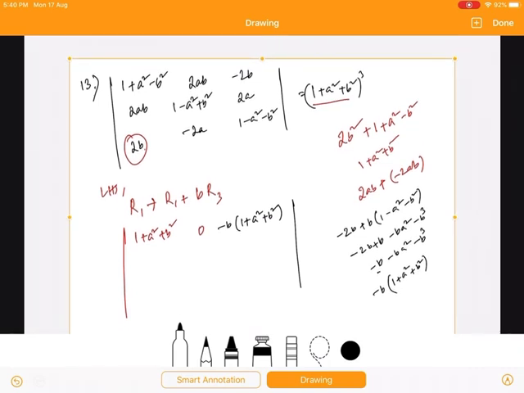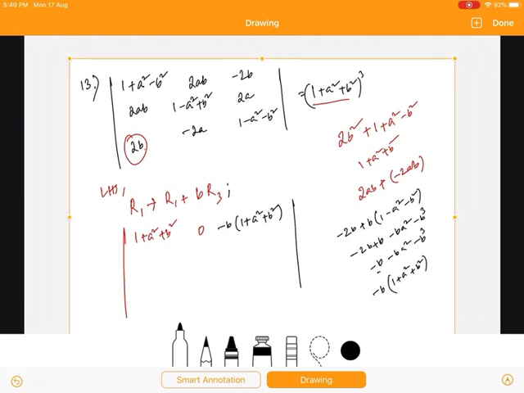We can do another operation. Let me check another operation. Minus 2a. Yeah, another operation we can do. The other operation will be, look at here carefully. Now, look at these two. First we looked at these two, right?